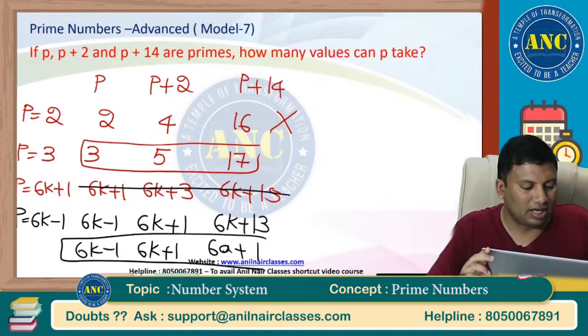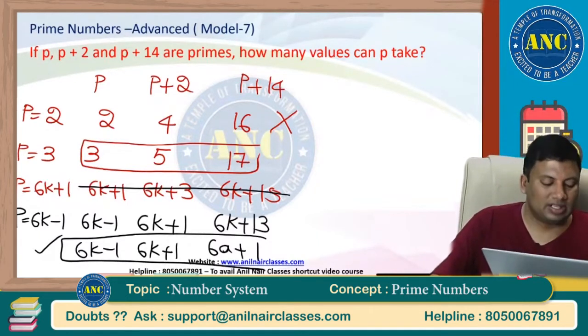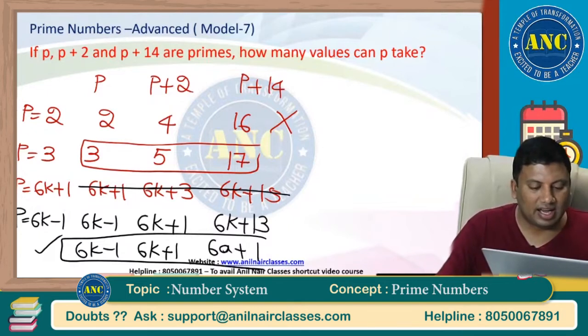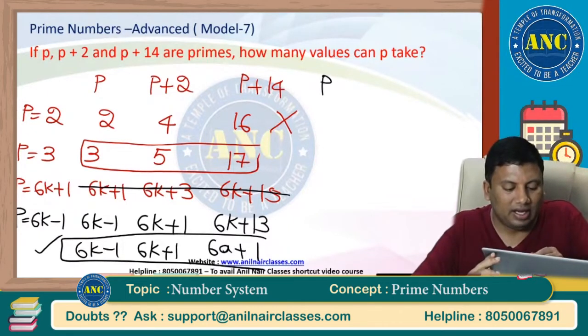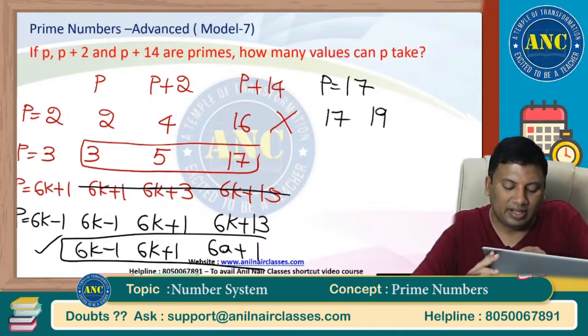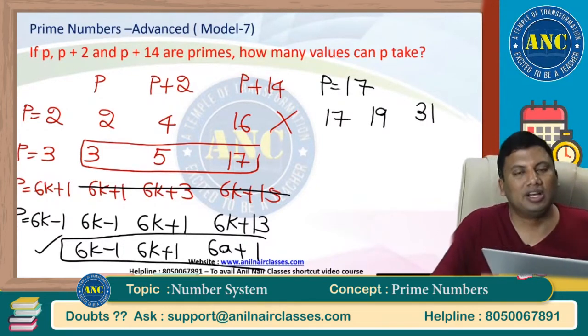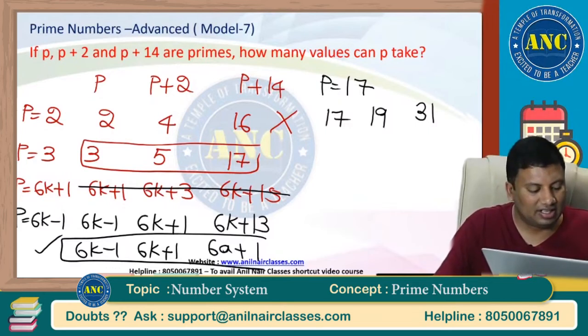Again the same case. There are a lot of prime numbers of the form 6k minus 1 which give the answer. Let us see. If p equivalent to 17, 17 plus 2 is 19, 17 plus 14 is 31: 17, 19, 31. This is the case.